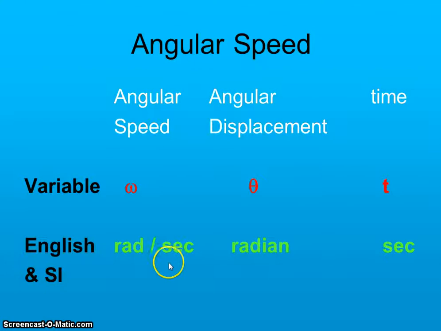We have radian per second for angular speed. Your angular displacement, or your angle in this case, is going to be radian, because if you remember, we practiced converting from a revolution or a degree into a radian. And then we have t for time, measured in seconds.